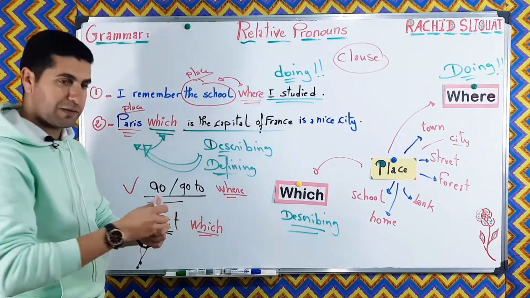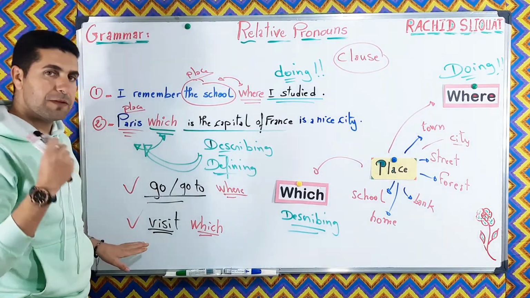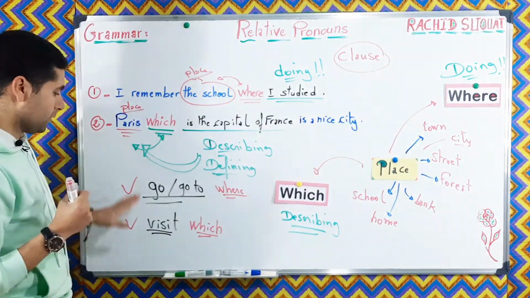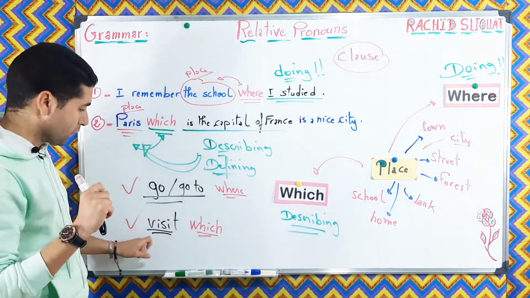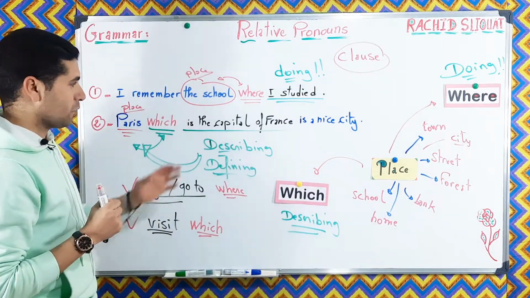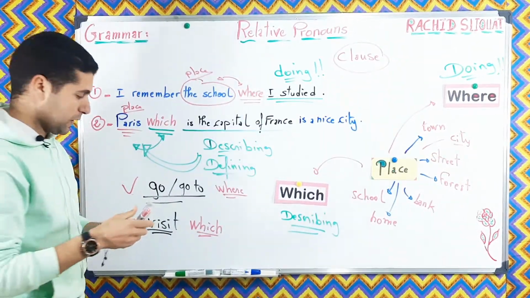For example, we can say Paris, which I visited last year, not where I visited, no. Paris, which I visited last year, is a nice city. So we can write that.